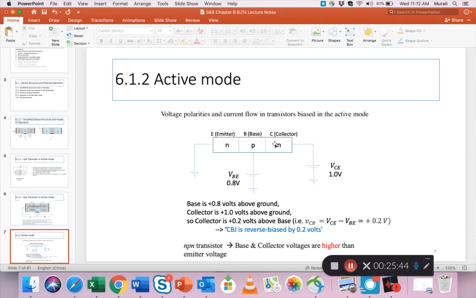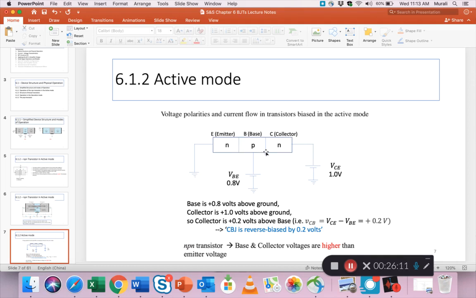And because the N region is at a positive voltage, plus 0.2, we are also meeting that other condition, which is that the junction needs to be reverse biased. For this junction to be reverse biased, the N region should get a positive voltage and the P region should get a negative voltage.